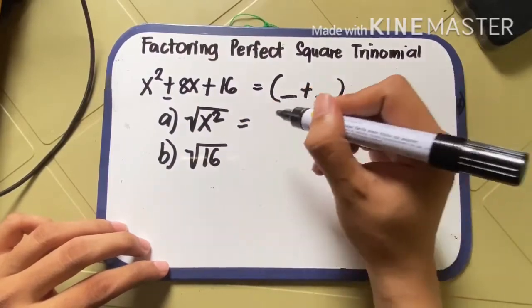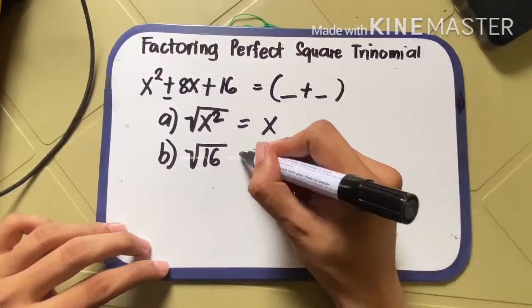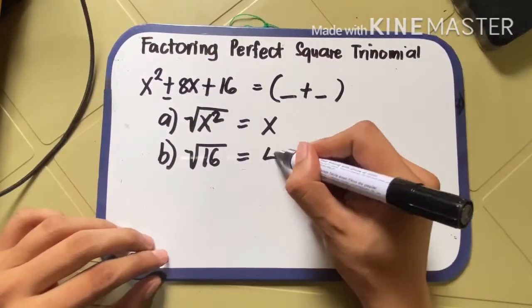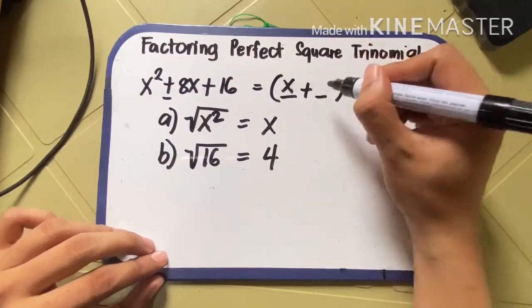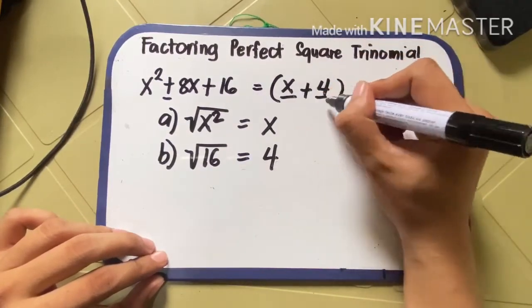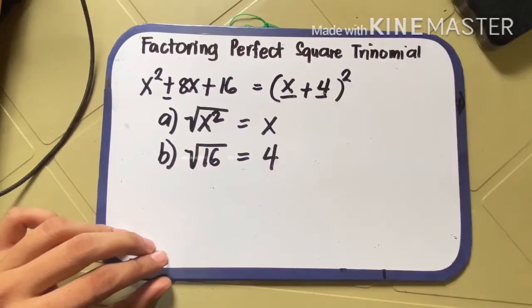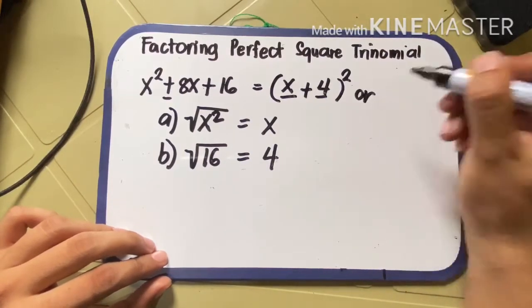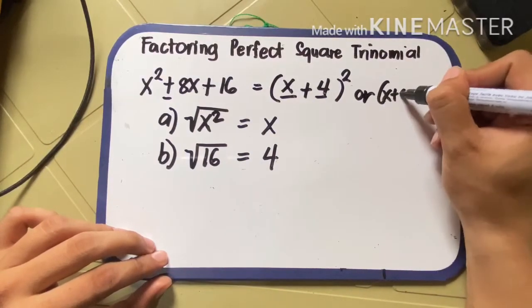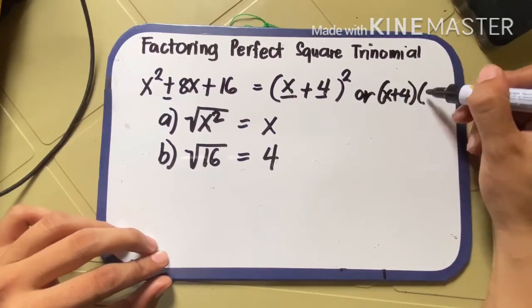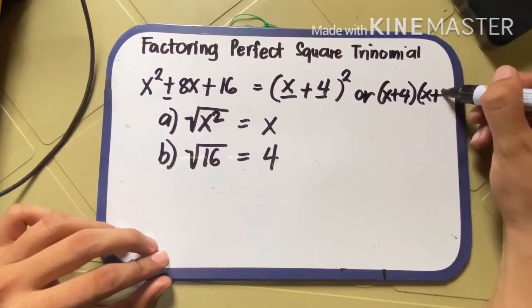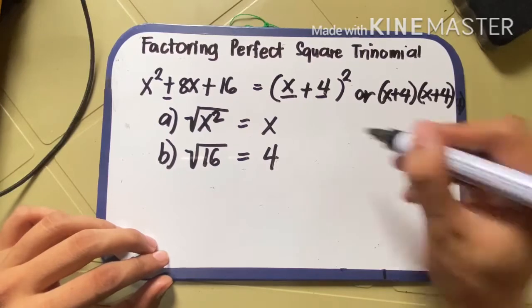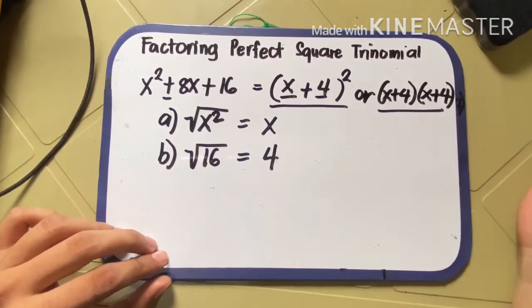The square root of x squared is x, and the square root of 16 is 4. So the answer is the quantity of x plus 4 squared, or you can write x plus 4 times x plus 4. They are the same.